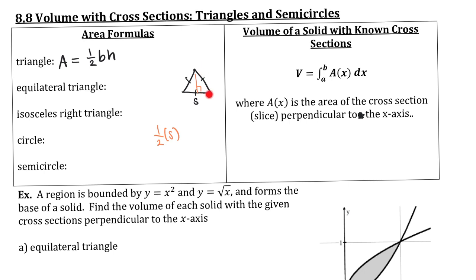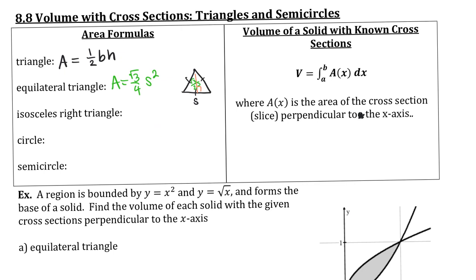This little piece here is going to be 1/2 S, which means the actual height of this is going to be √3/2 times S. So when I do the area, it's 1/2 the base, which is S, times √3/2 times S, which I'm going to rewrite up here as √3/4 times S squared. And it's the 1/2 times the √3/2 that makes it do that.